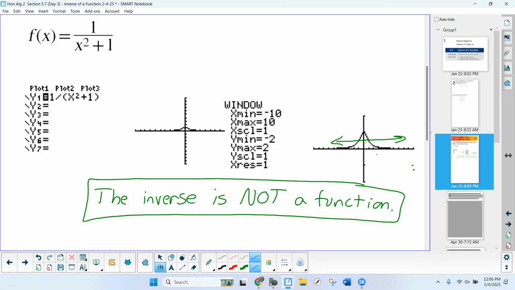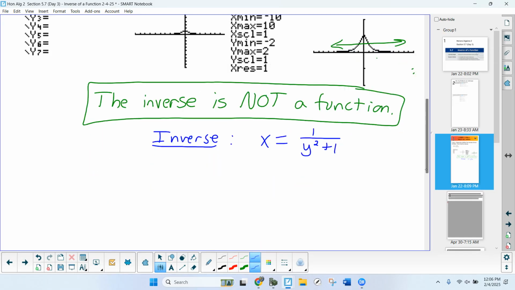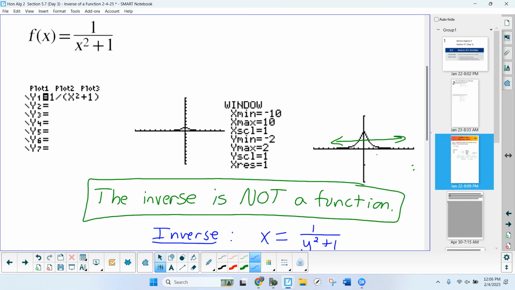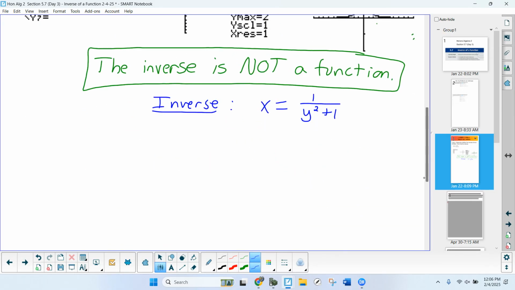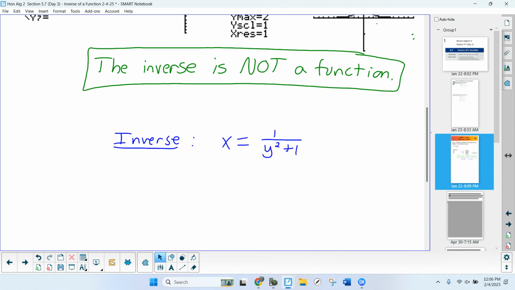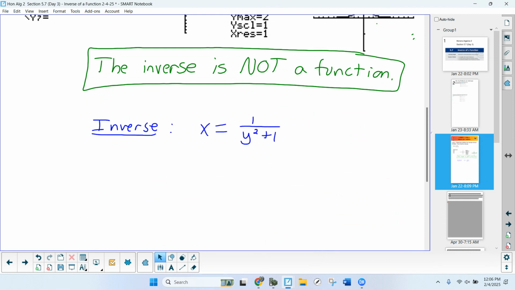Now, find the inverse. All right, what do you guys do with x and y? Flip them. So to find the inverse, I'm going to flip x and y. So I'm just going to say x equals 1 over y squared plus 1. Is everybody okay with how I did that? All right, how do I get y out of the denominator?